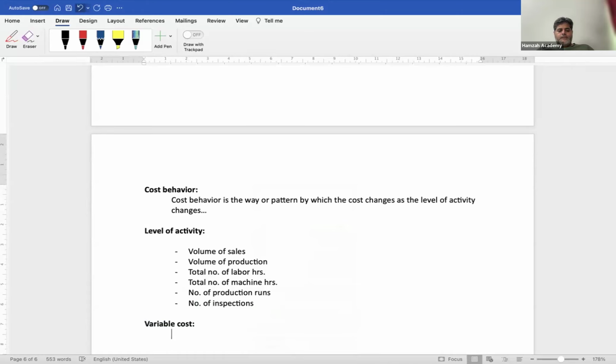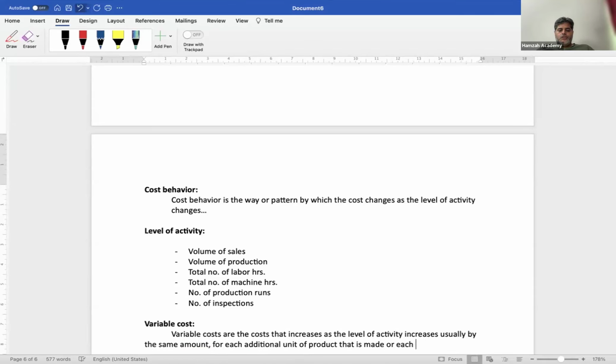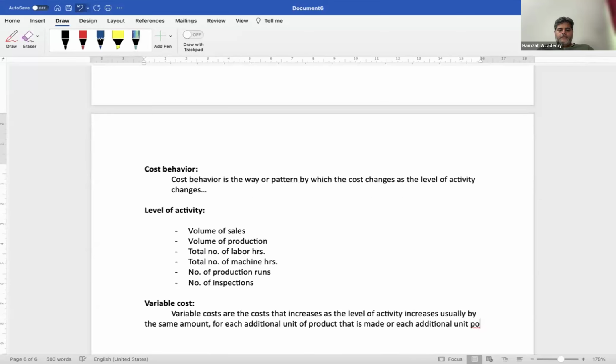The variable costs are the costs that increase as the level of activity increases, usually by the same amount, for each additional unit of product that is made, or each additional unit of service that is provided, right?